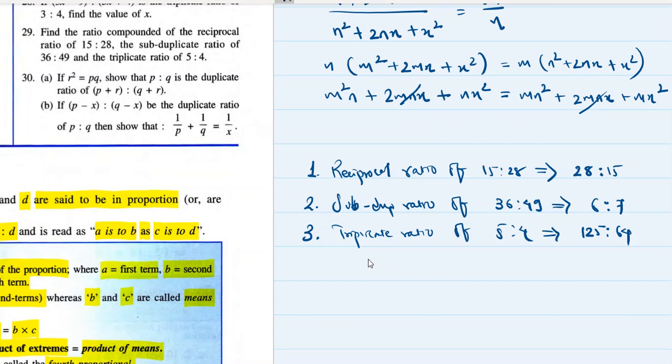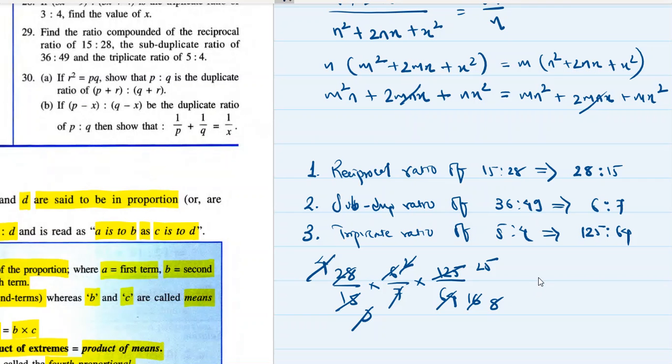Right? So we have to compound them. When we have to compound them, we write it like this: 28/15 times 6/7 times 125/64. 7 fours are 28, 4 16s are 64, 5 threes are 15, 5 25s are 125, 3 twos are 6, and 2 eights are 16.